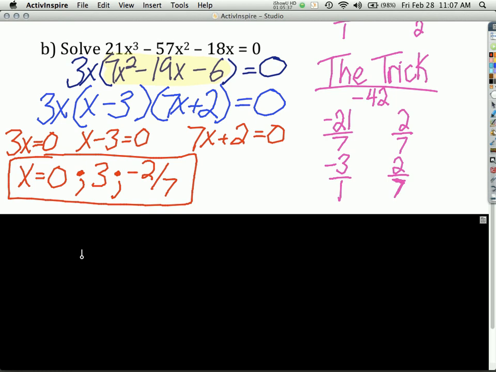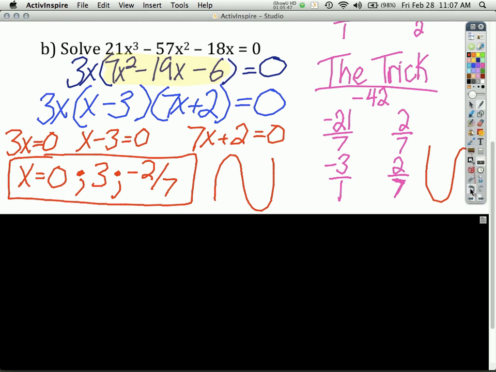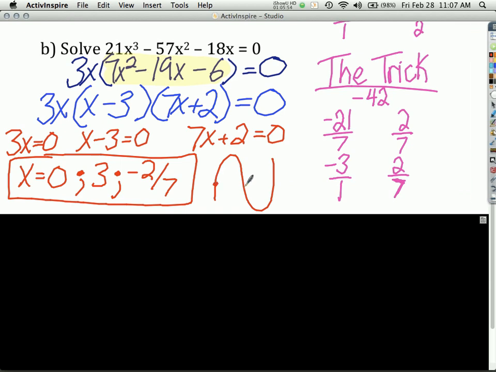Yeah, it was like a sideways S. It goes something like this, or it could be like that. Okay? And the 3 spots where it crosses the x-axis is going to be 0, 3, and -2/7. So let's see, it'll be 3, 0, and then -2/7. Somehow like that.